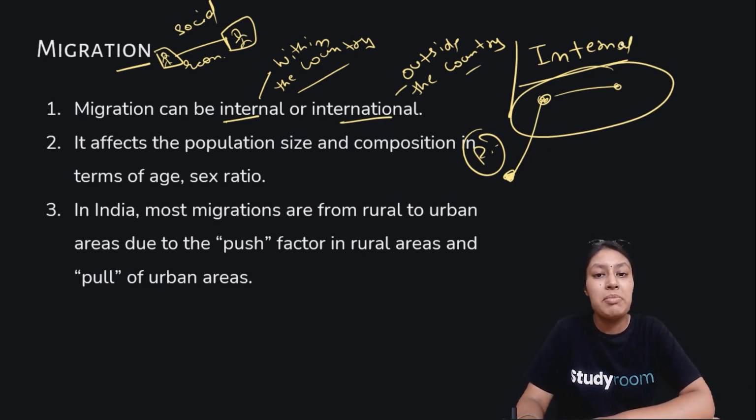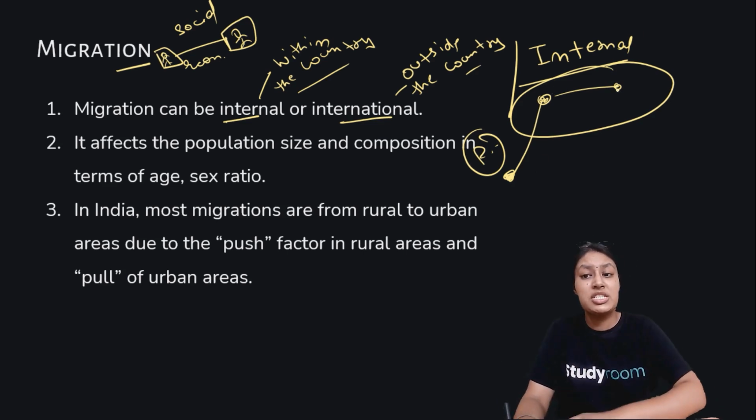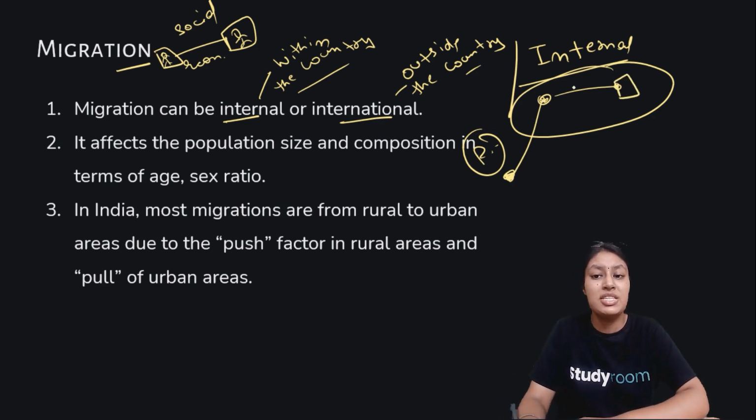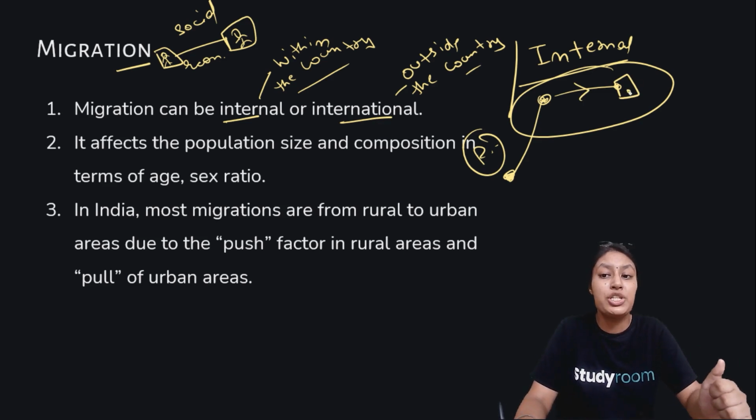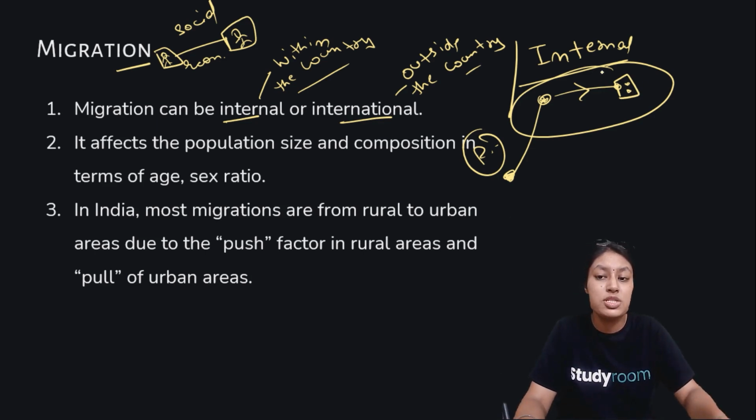But in internal migration, the factors that change are, for example, if you shift from one city or state to another, the age population, the sex ratio, the age ratio, and the composition. What is the composition?